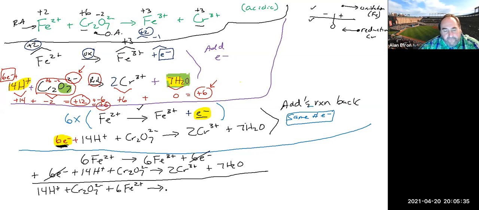That should be everything that's on the left-hand side of the arrow for both equations. Now taking everything on the right-hand side of the arrow, I have 6 of the Fe3+ plus 2 of the Cr3+ plus 7 waters.